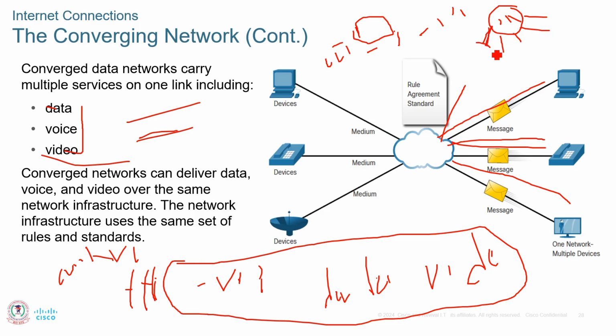Each port can carry a different service. This one can take data, this one can take voice, and this one can take video. But it left the service provider as a single communication or network medium carrying different network signals like data and voice. That is how the converging network works.